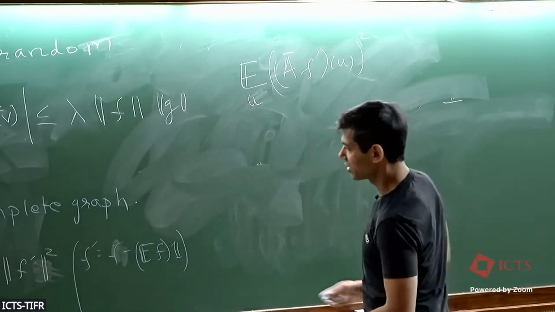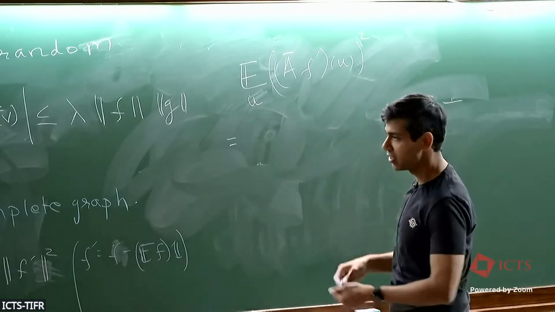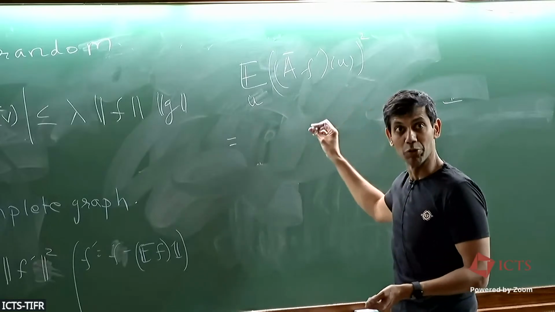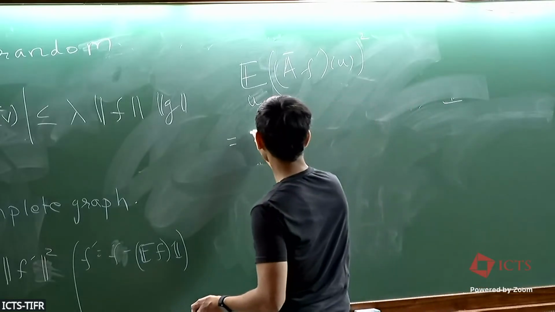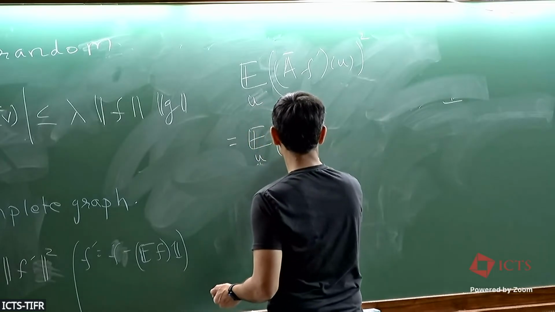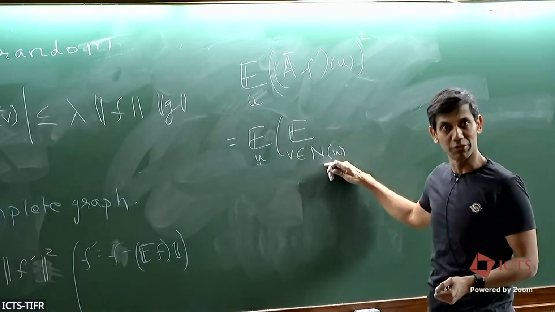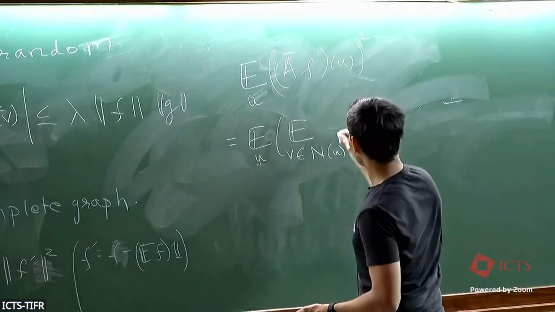That's the left-hand side. Now what is A bar f prime? It just averages the value over all neighbors of U. This N of U is just my notation for neighbors of U. And it averages the value of f prime.